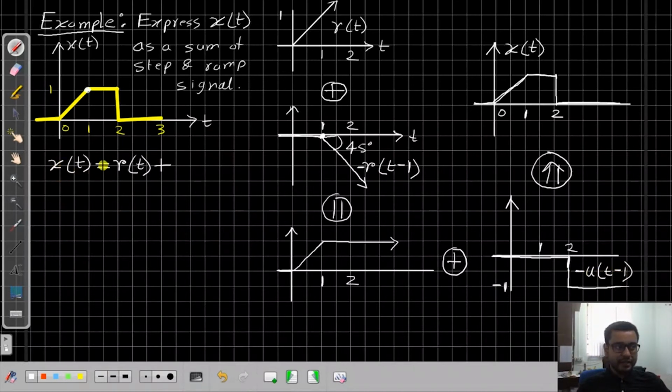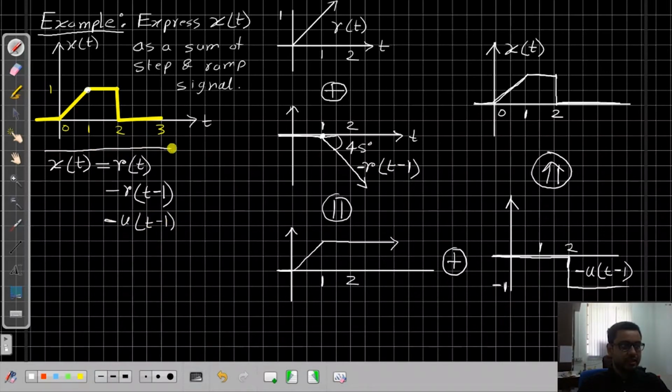Therefore, I can write x(t) as r(t) minus r(t minus 1), which is this signal, and then this one, which is again minus u(t minus 1).